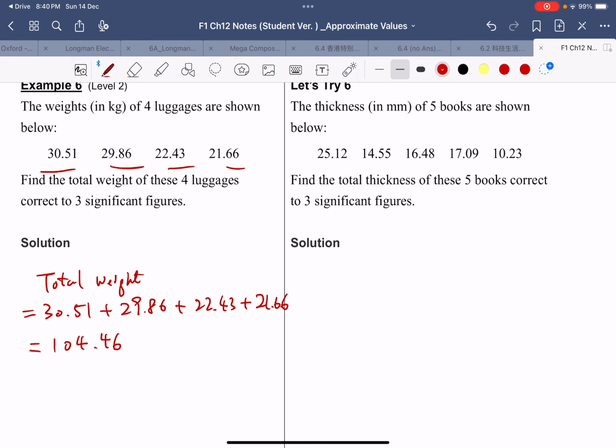Okay, I will use calculator. You can't, so you just add it slowly. Be very careful about the answer, and then you need to correct this number to 3 significant figures. Just count 1, 2, 3, 104. Leave out the 4 here.